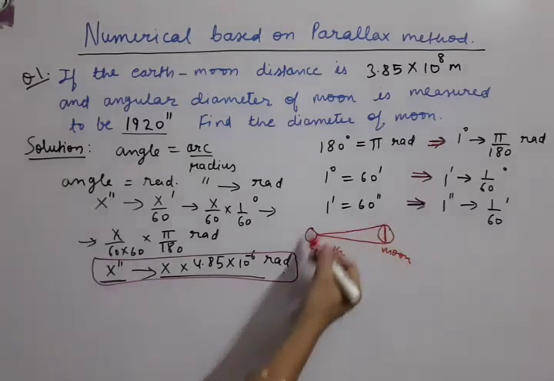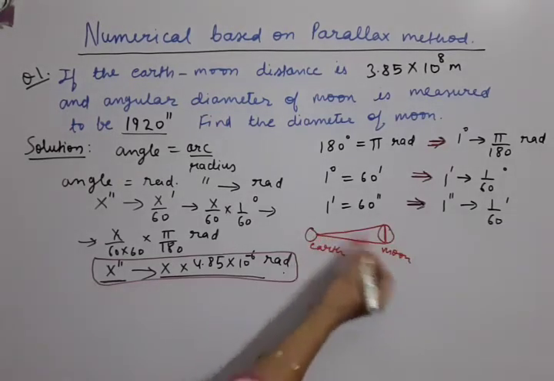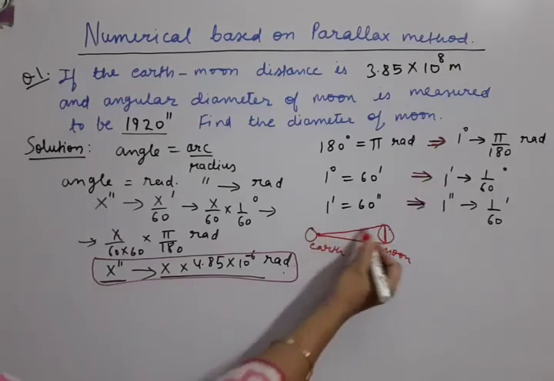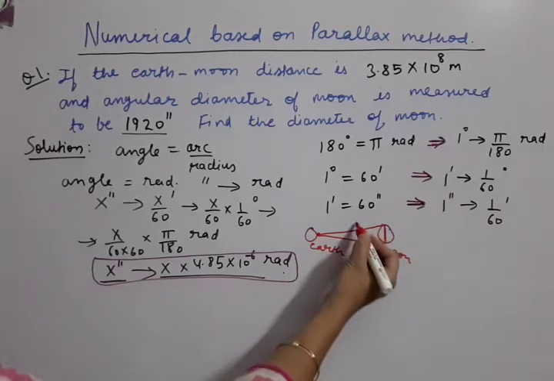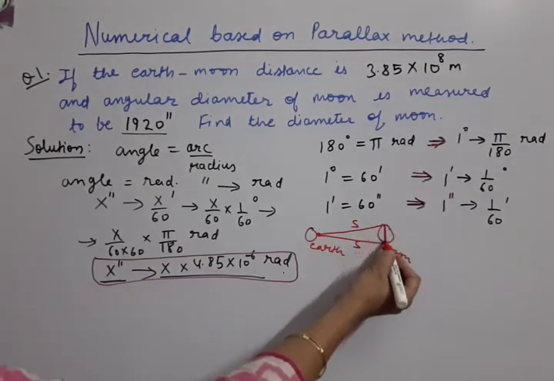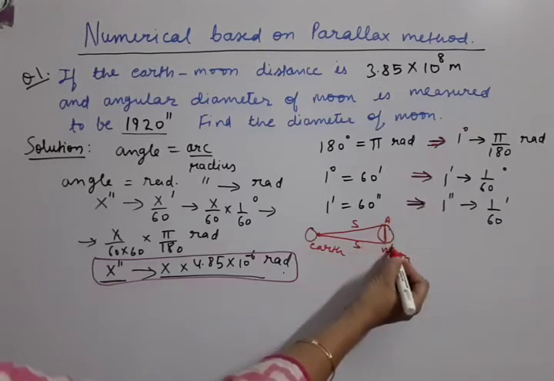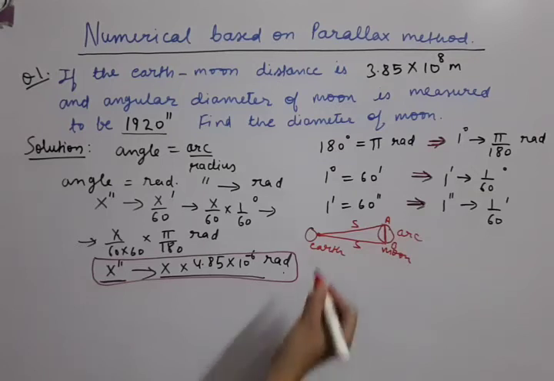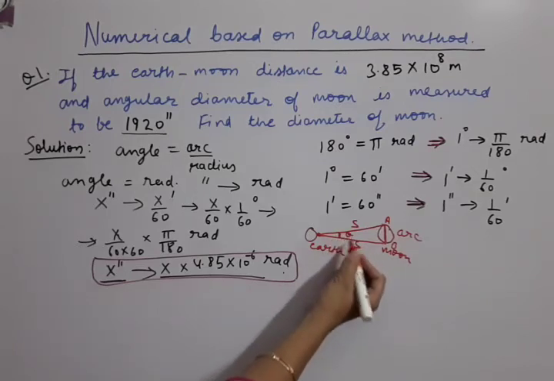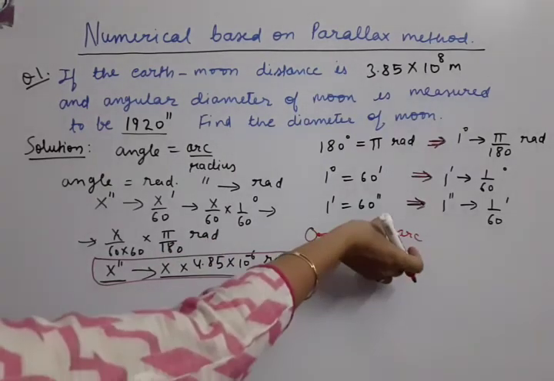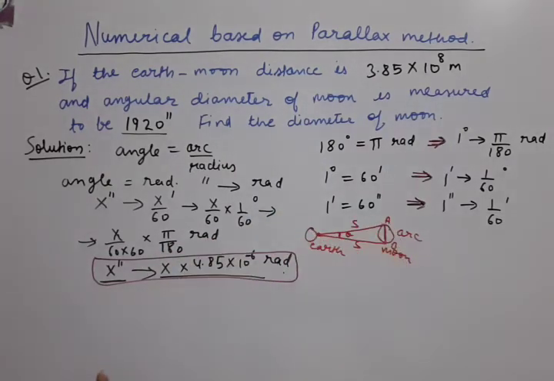Here the parallax method is working because an arc is formed. This distance we will call S, or we can also call it the radius. This distance from A to B, that means the moon's diameter, is actually playing the role of the arc, and this is the theta which the moon makes on Earth. So this is the angular diameter of the moon.